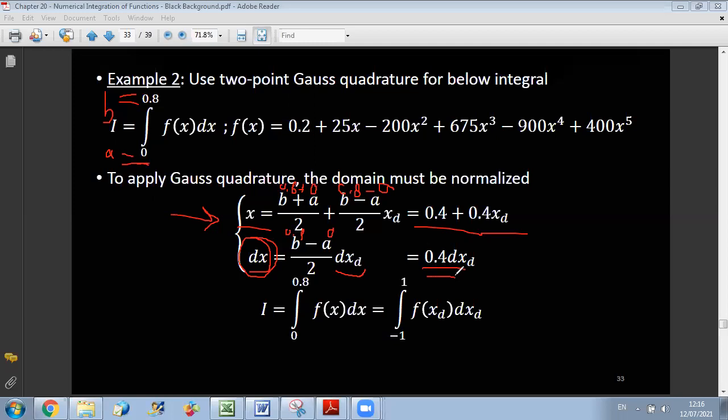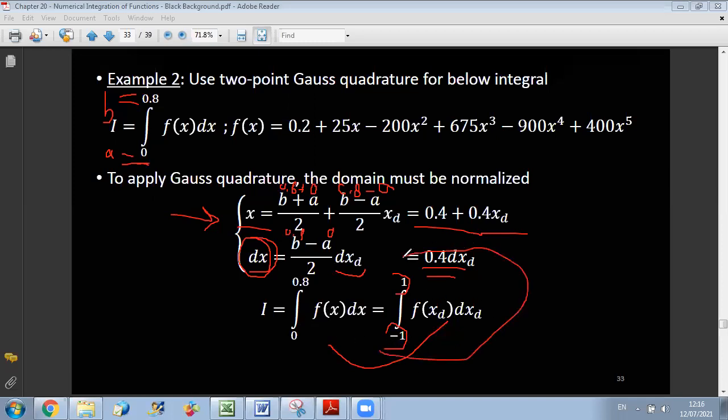And now we can say that by using the transformation of variable, I can write my integral, instead of the integral from 0 to 0.8 of f(x) dx, as the integral between minus 1 and 1 of f(xd) dxd. Okay?